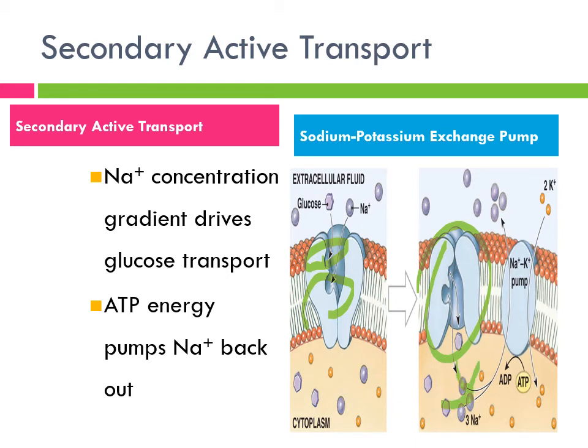However, later on, this sodium has to get transported back out of the cell utilizing the sodium-potassium exchange pump. So it's called secondary active transport because we don't need ATP in order to get the sodium into the cell. The sodium brings the glucose along for the ride, but we do need ATP to pump the sodium back out of the cell.